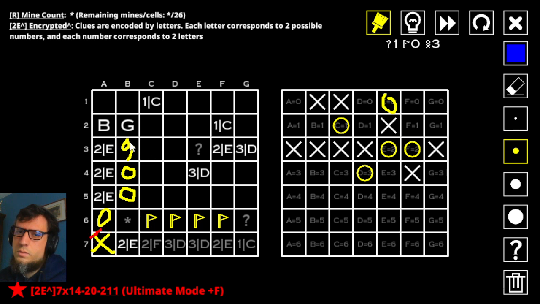Maybe this can get somewhere. Wait, no, those don't get eliminated. What am I saying? These do. Oh, then this E is 2, which means that can't be 3, so the D has to be something... Hold on.